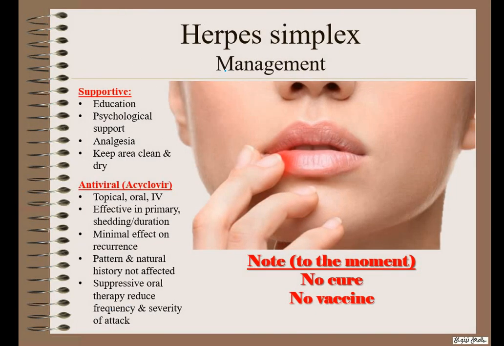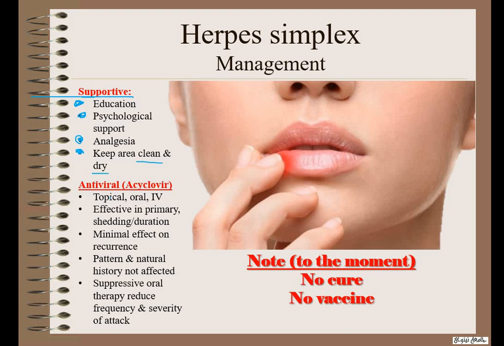Remember, in the management of herpes simplex there is no cure till now, and there is no vaccine for this condition. So what I do for the patient is give supportive therapy like good education and psychological support. I may give analgesia and keep the area clean and dry as much as possible.